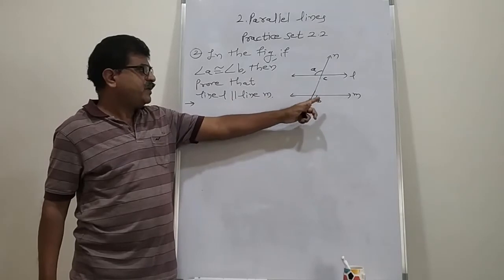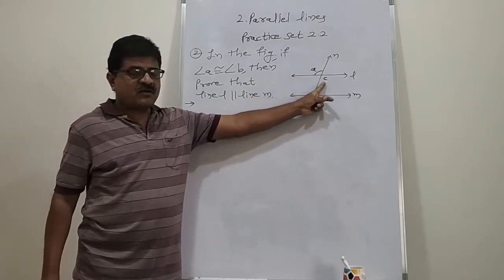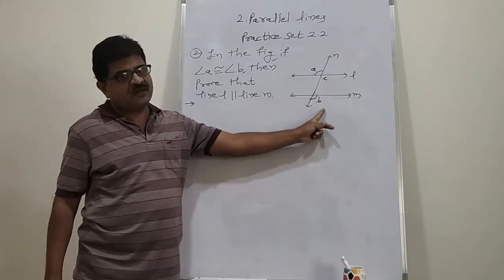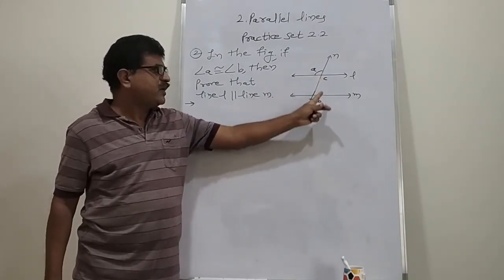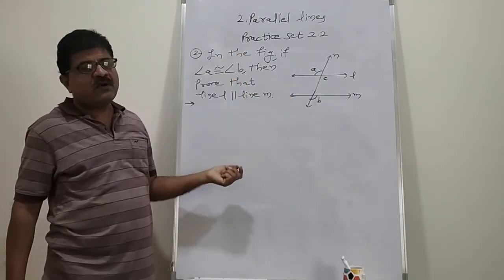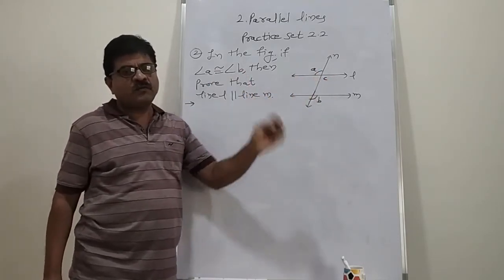And from the figure, angle C and angle B, these two are congruent, therefore these two angles are congruent. And these two angles are corresponding angles, therefore by the corresponding angles test, line L parallel to line M.